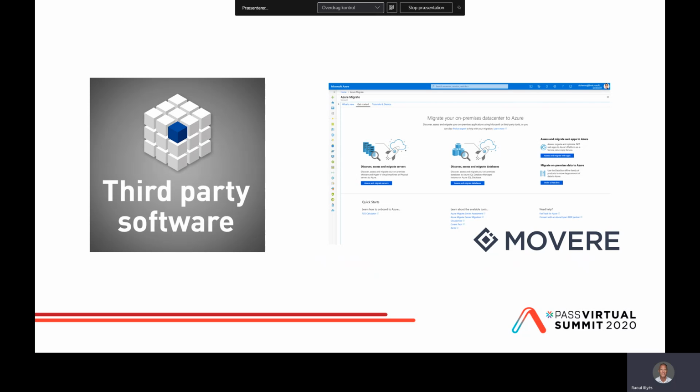We ourselves have our own tool that we use, but there are plenty of third-party software available. Again, with the Movere tool, it will provide you that data, but then you have to do cloud collection, and that's part of, as I stated before, the Azure Migrate Suite, but it probably will introduce an extra cost for you and your organization using that tool.